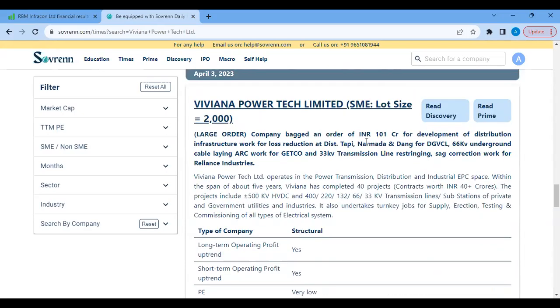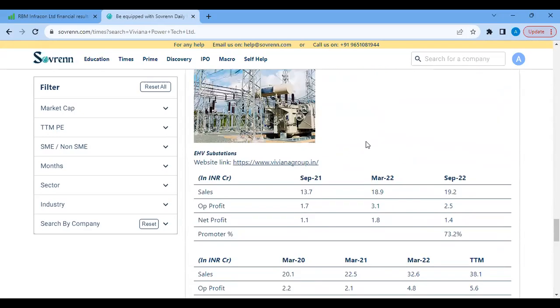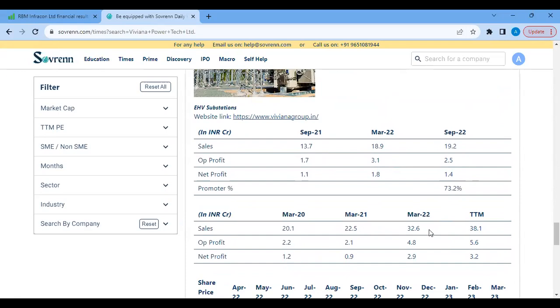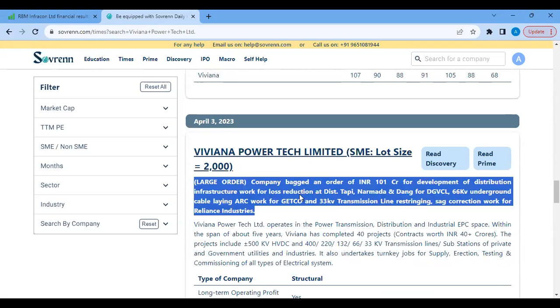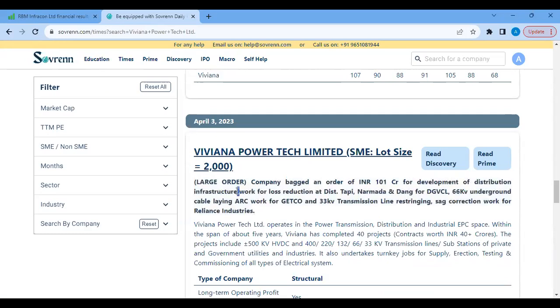This company has a revenue of 38 crores, and this company got a 100 crore order. Was this a large order for the company? A 38 crore company getting a 100 crore order. Yes, it was a large order for the company.